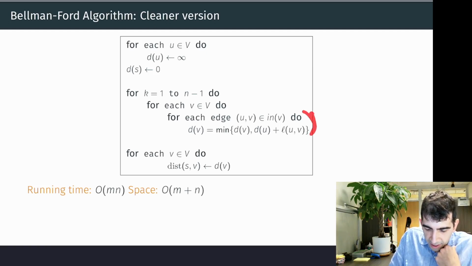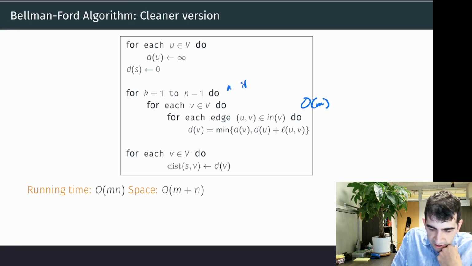You say for every edge here in the in list, so this takes O of m iterations, and then n iterations here. And then, of course, you have to calculate the in list.